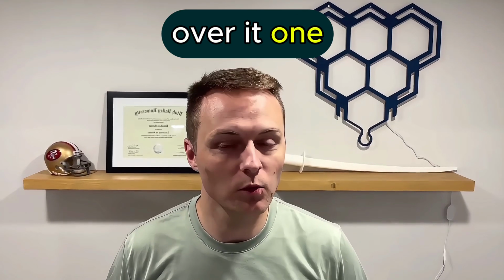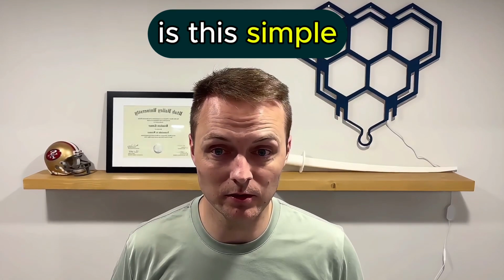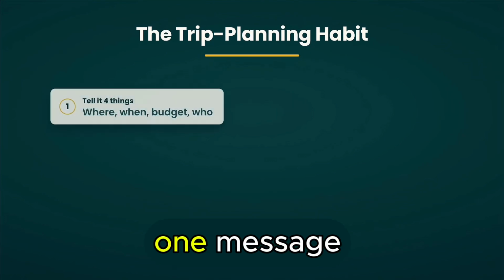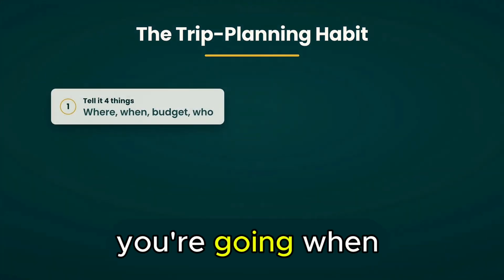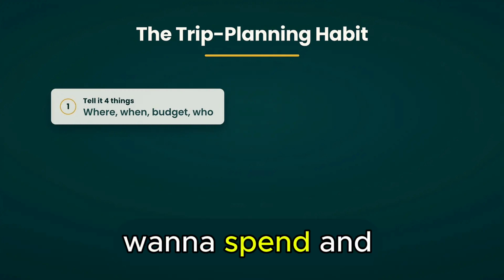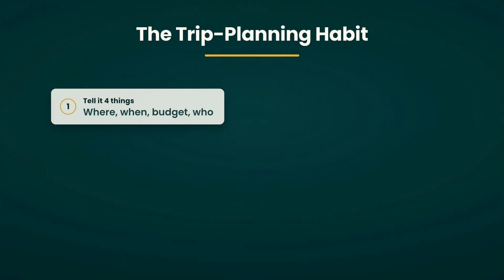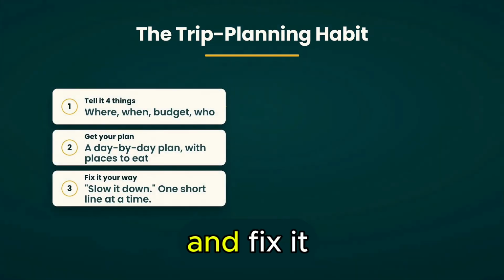So let's go over it one more time because it really is this simple. Step 1, in one message, tell the AI 4 things: where you're going, when, how much you want to spend, and who's coming. Then ask for a simple day-by-day plan with a few places to eat. Step 2, read it over and fix it with one short line at a time.